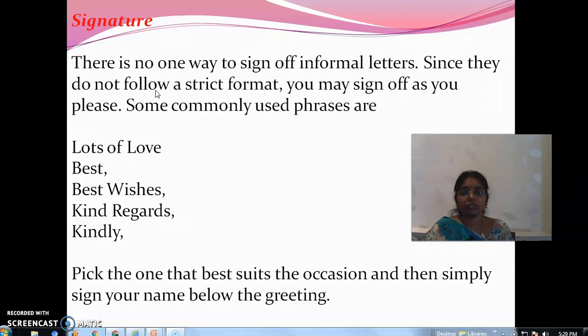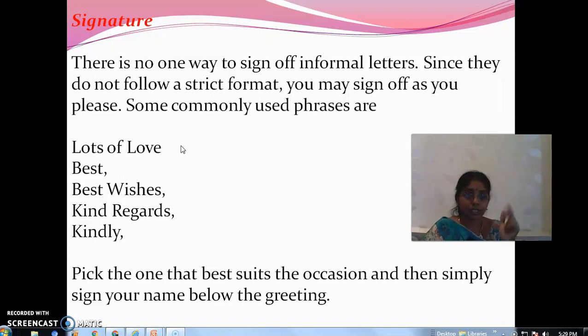Commonly used phrases are: lots of love, best, best wishes, kind regards, with love, yours affectionately, yours lovingly, or whatever it is, your own words. These are some formal words which are usually written, but you can write any one. Pick the one that best suits the occasion, and then simply sign your name below the greeting. Signature is very important. Then only they will identify who is really writing. Otherwise there will be confusion.